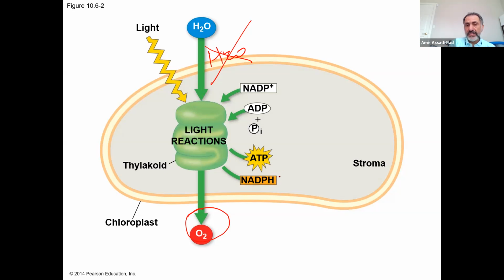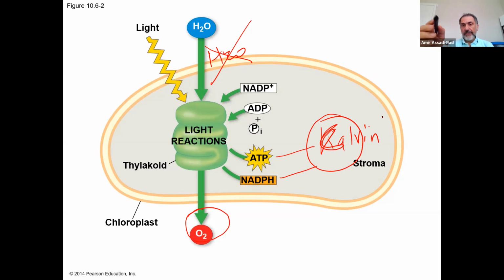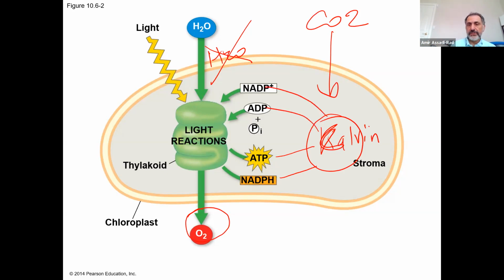So NADPH and ATP will go through the Calvin cycle, okay? And in the Calvin cycle, CO2 comes in, and then what gets out of the Calvin cycle is a glucose molecule.